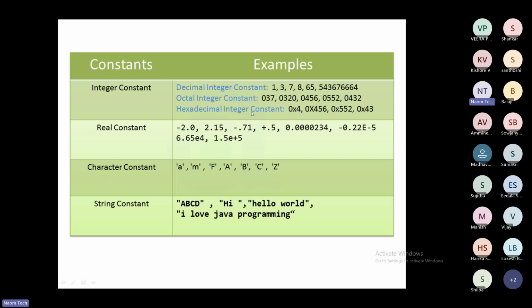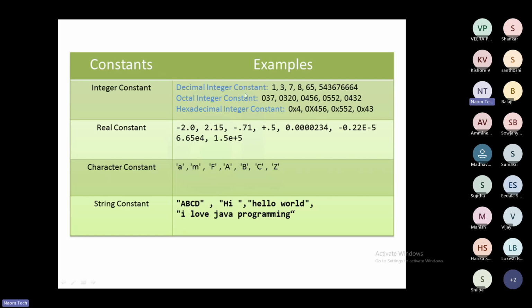So you have digits 0 to 9, and then you have alphabets A, B, C, D, E, F. It is a 16 digit number system where 0 to 9 are digits, and from 10 onwards it substitutes 10 with A, 11 with B, and 12 with C. Like that, it substitutes the numbers 10 to 15 with A to F. And to represent hexadecimal, the prefix is 0x. 0x represents hexa.